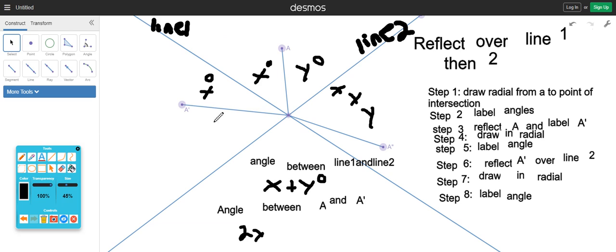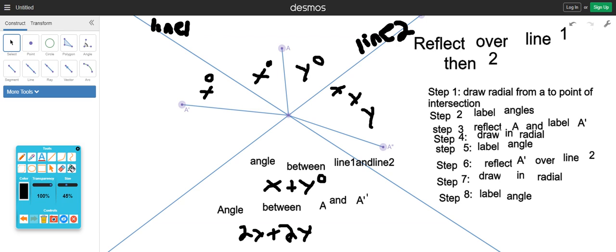See how there's two x's between here? A and A double prime. Remember, that's A double prime is 2x plus 2y.